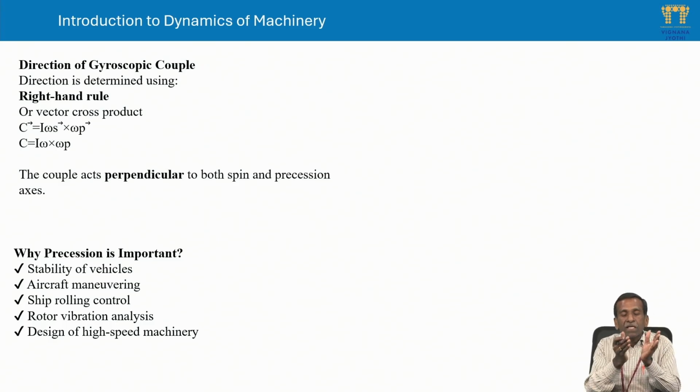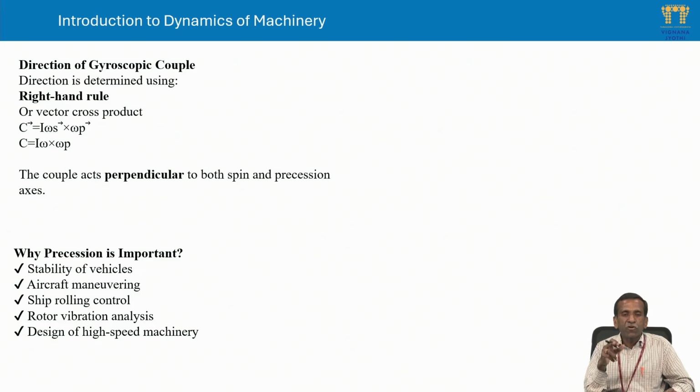It may tilt along the perpendicular axis. We will study the ship in detail separately, along with the various terminology involved. So precession is very important to maintain the stability of vehicles, and in aircraft also.